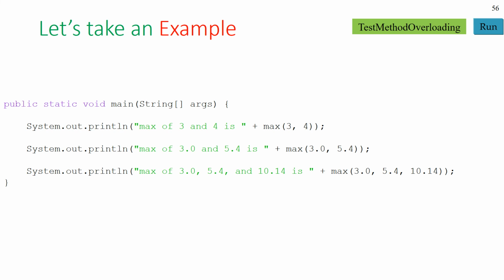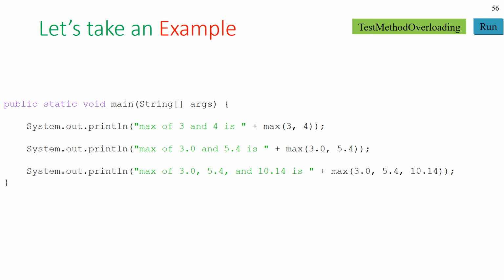And then the max of 3.0, 5.4, and 10.14 is, and now I have a max method that takes not 2, but 3 arguments, and those arguments are all of data type double. So I'm setting up an example where I would have 3 different versions of the definition of the max method. All of them are going to be named max. Their signature, remember how we defined signature last lecture?